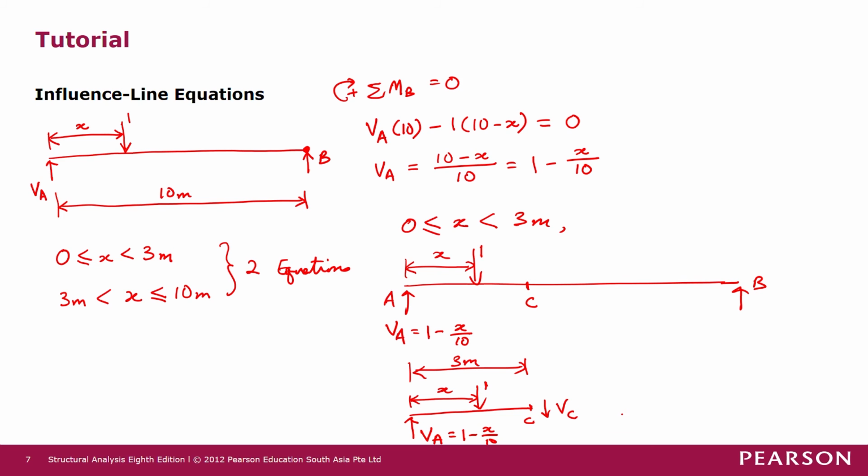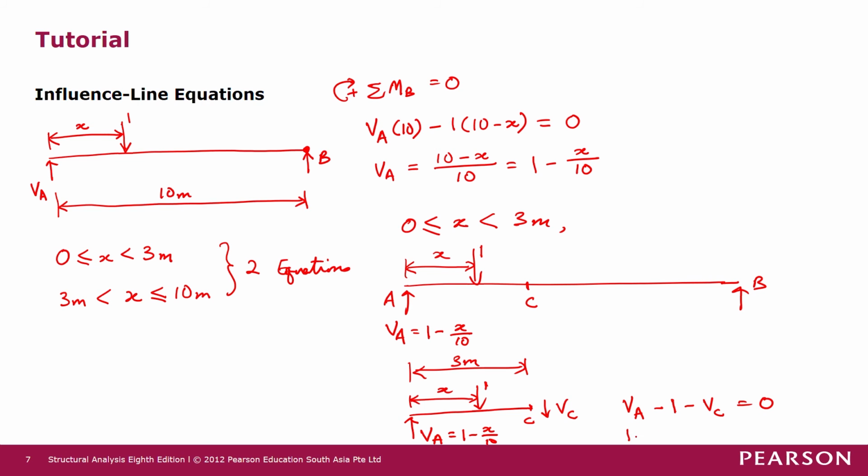So if you sum all the forces in this free body diagram, we get VA minus 1 minus VC equals 0.